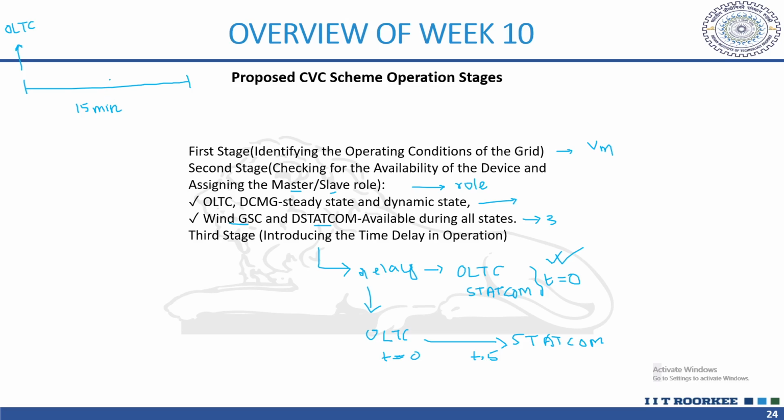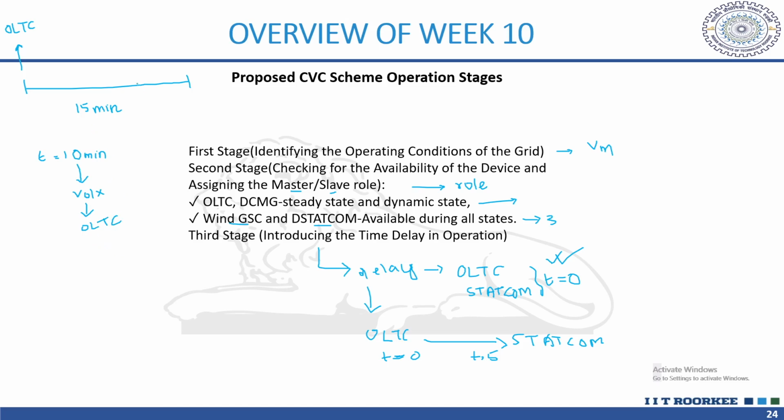So if there is a voltage fluctuation at, let's say, t equal to 10 minutes, and you turn on the OLTC at that instant, when voltage is not regulated, then it will take a very long amount of time to settle.